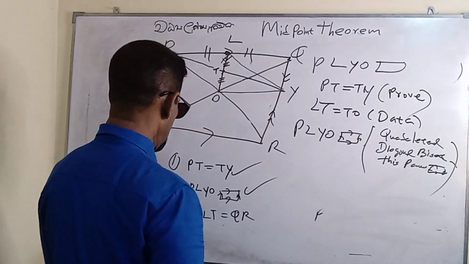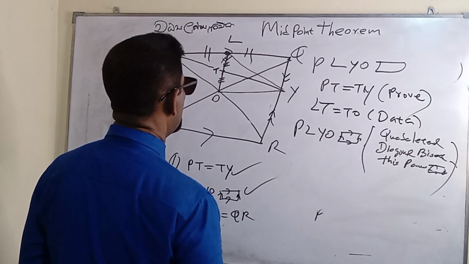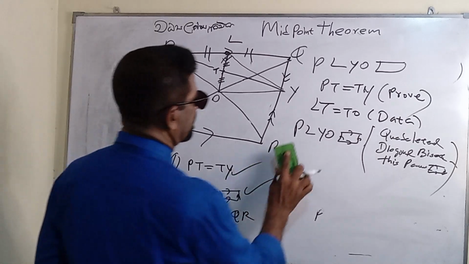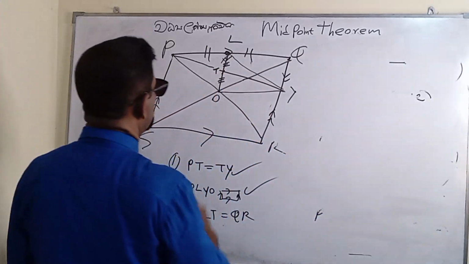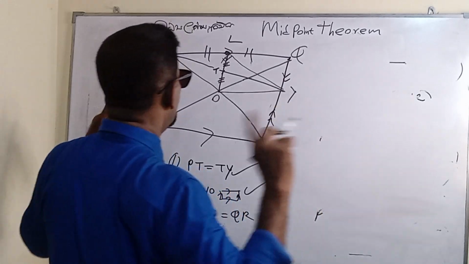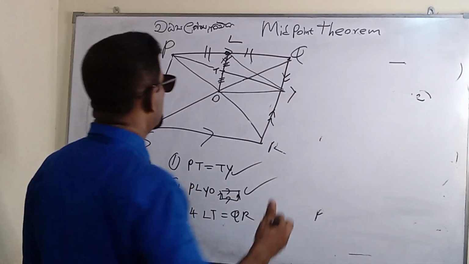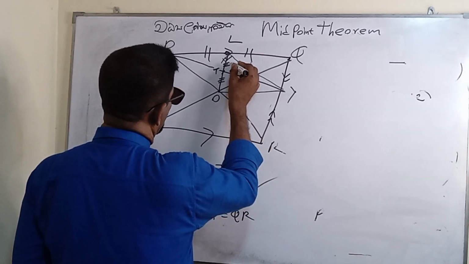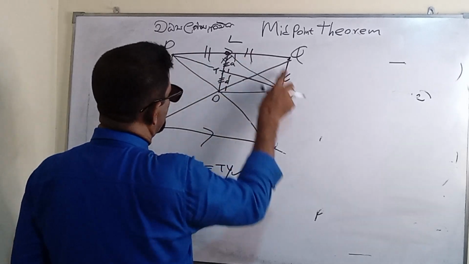Now for LT equals QR. How to do this? We use the midpoint converse, and the diagonal bisector. Then you select that triangle.